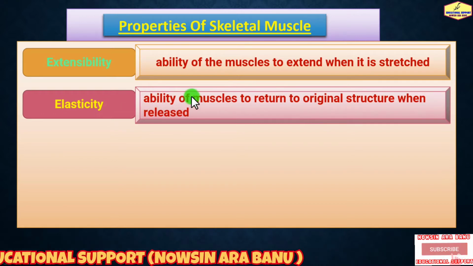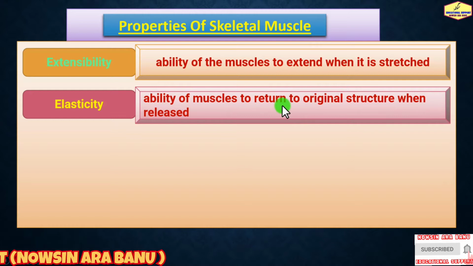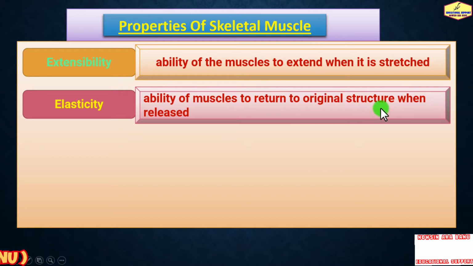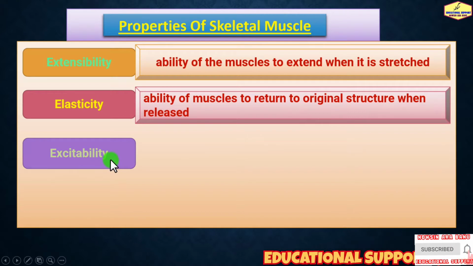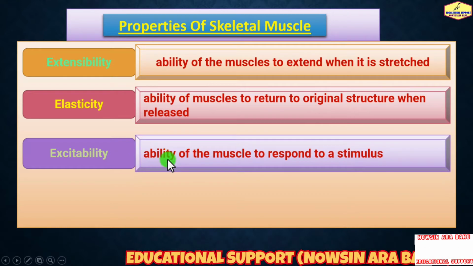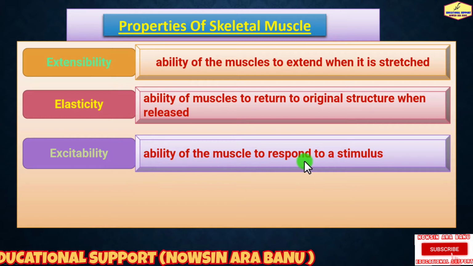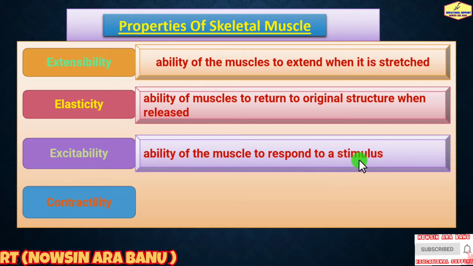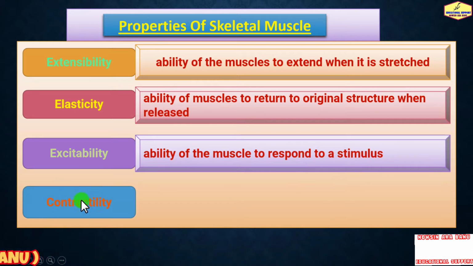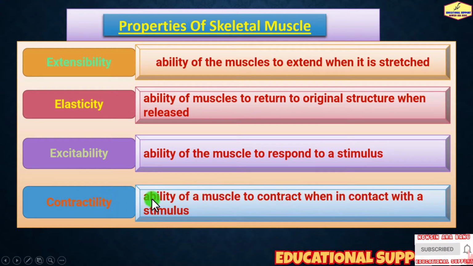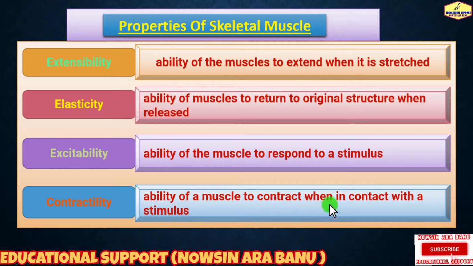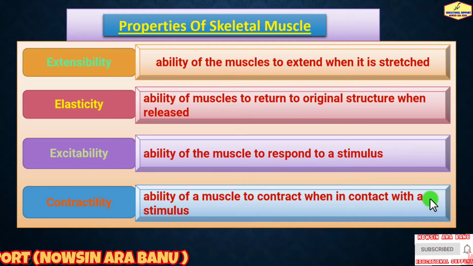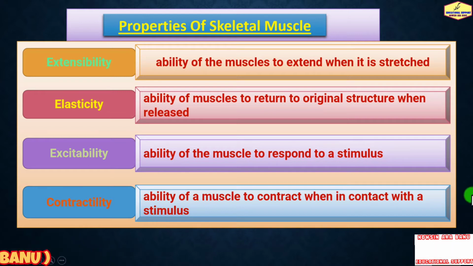Elasticity is the ability of muscles to return to original structure when released. Excitability. Excitability is the ability of the muscle to respond to a stimulus. And the last one is contractility. Contractility is the ability of a muscle to contract when in contact with a stimulus.